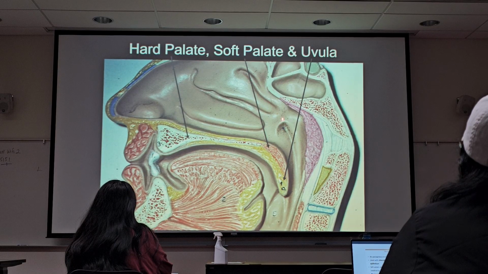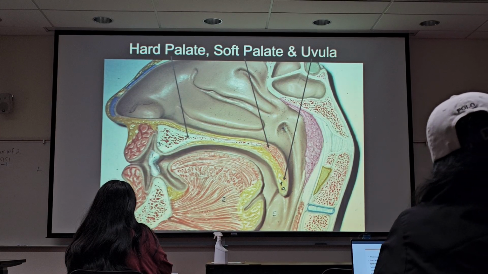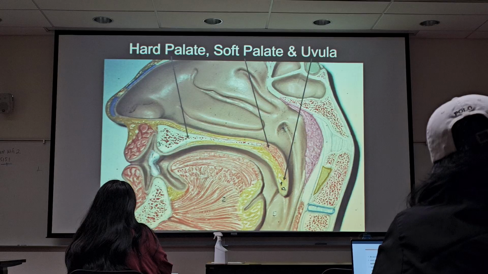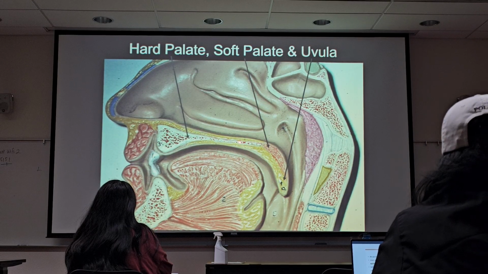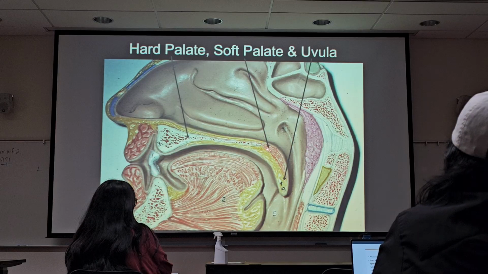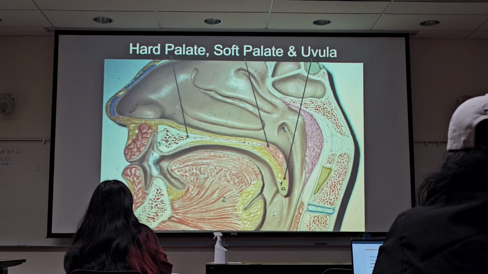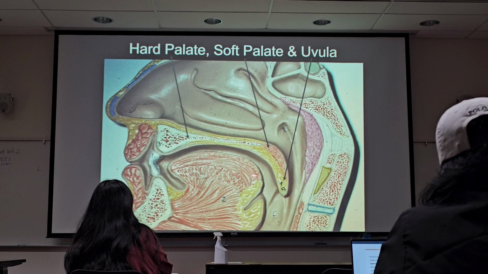All right, so here we go. There's our nasal cavity. Again, the roof of the nasal cavity is the ethmoid bone, and the floor is the hard palate of the maxillary bone, and the soft palate as well, from which the uvula is hanging.